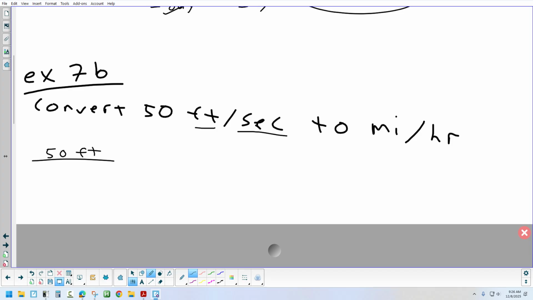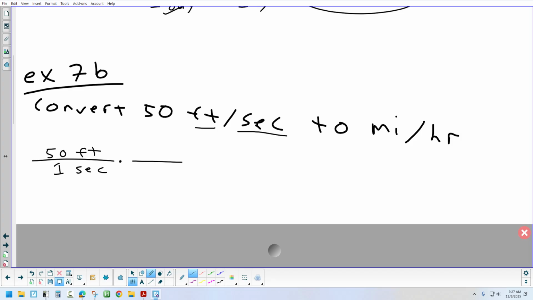So 50 feet per second means you travel 50 feet in 1 second. So now this is really 2 problems. We've got to get the length unit to miles, and we have to get the time unit to hours. It doesn't matter which one we do first. All right. Let's do the time unit first.